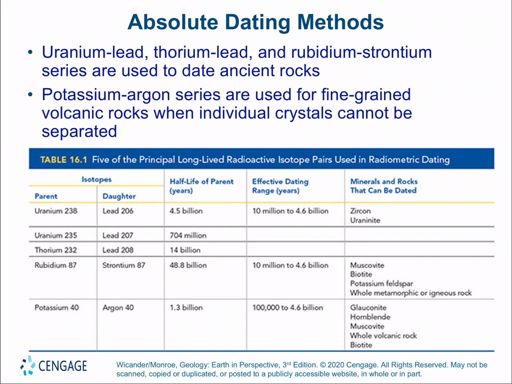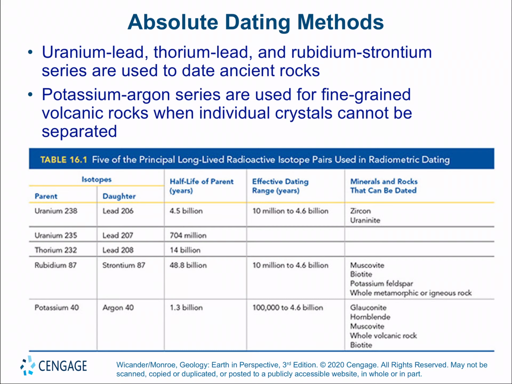Now, with your absolute dating methods, there are certain elements that are easier to use. For our older rocks, we use uranium-lead, thorium-lead, or rubidium-strontium.